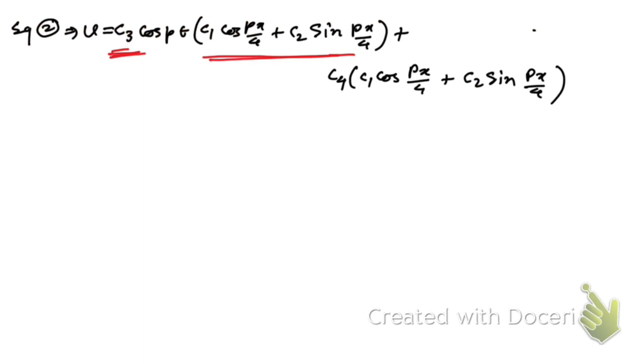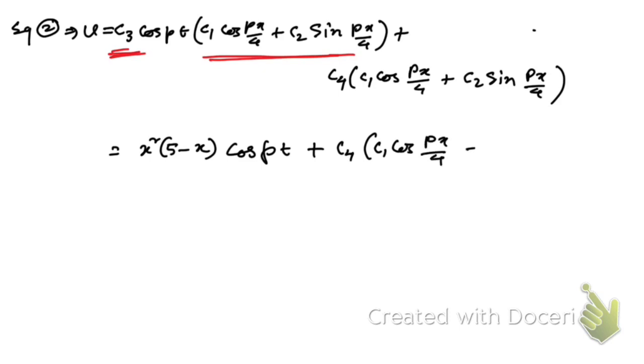Then you will get cos pt into x square into 5 minus x, plus c4 into c1 cos px by 4 plus c2 sin px by 4. That's what we're going to have.